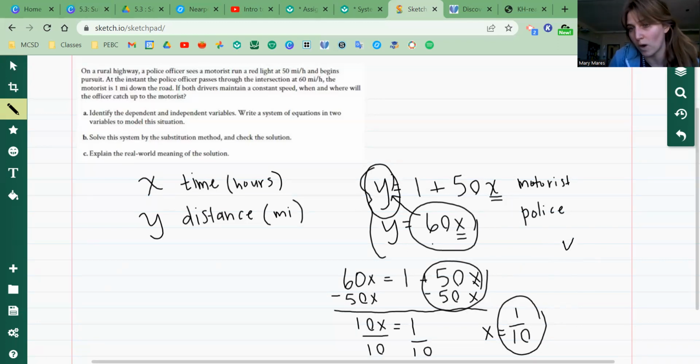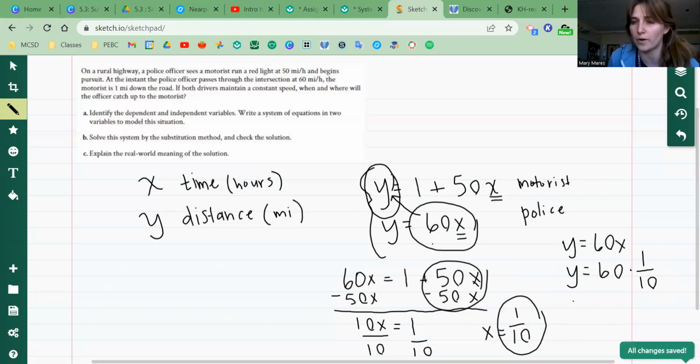So I take y equals 60x, but now I know x equals 1/10. So I do y equals 60 times 1/10, right? Or y equals 60 over 1 times 1 over 10.